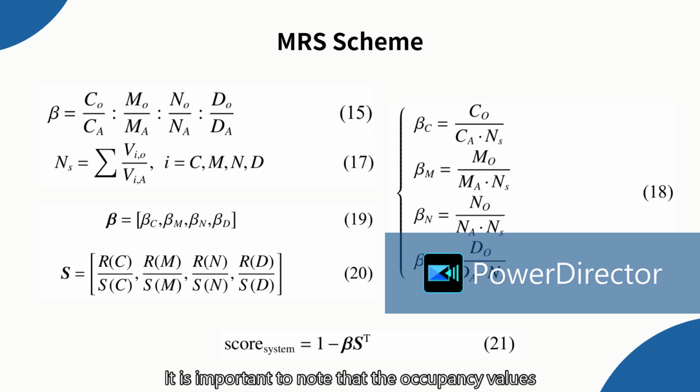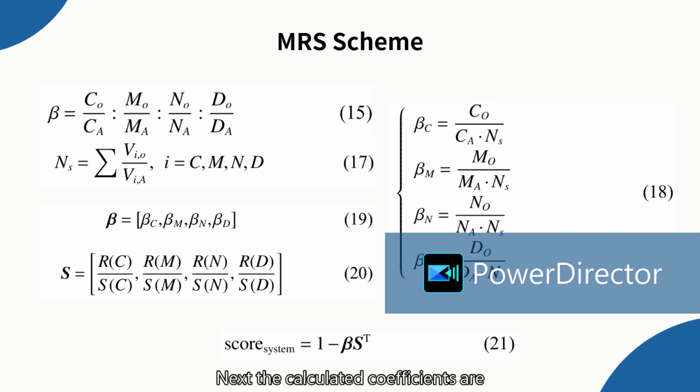It is important for you to know that the occupancy values used here are not the instantaneous usage, but rather an exponentially weighted moving average, as explained in Formula 16. For example, the CPU usage is calculated using both historical and current usage values to smooth fluctuations and avoid overreacting to temporary spikes.